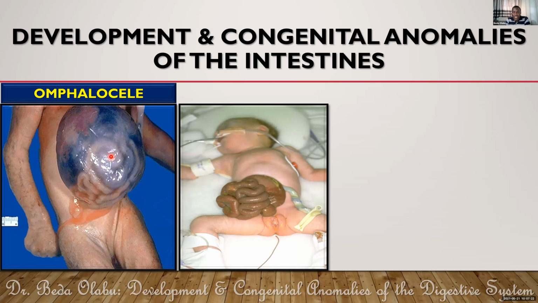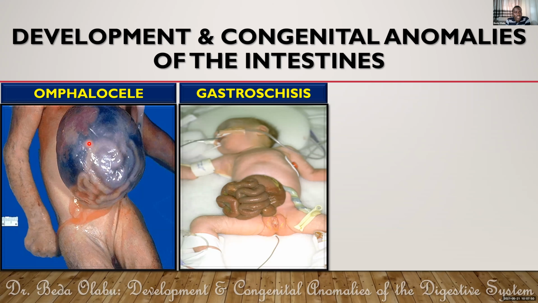Don't confuse omphalocele with gastroschisis. In as much as they're both defects of the anterior abdominal wall involving the intestines, there are some differences, and two are easy to pick even from these images, the ones I want you to remember. One of the differences is that in gastroschisis, the intestines are not covered by a membrane.